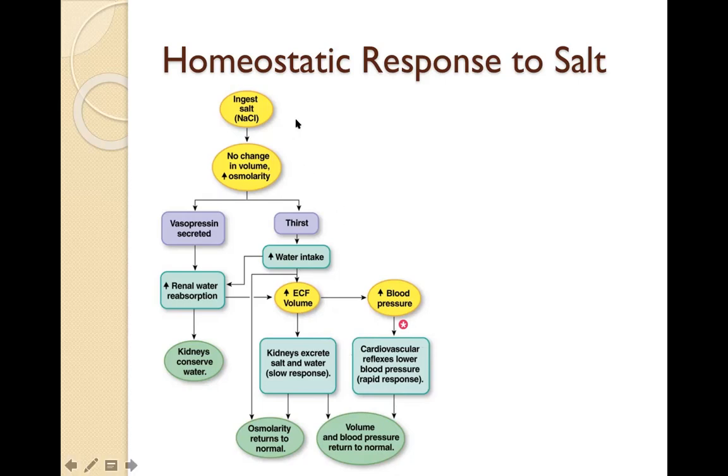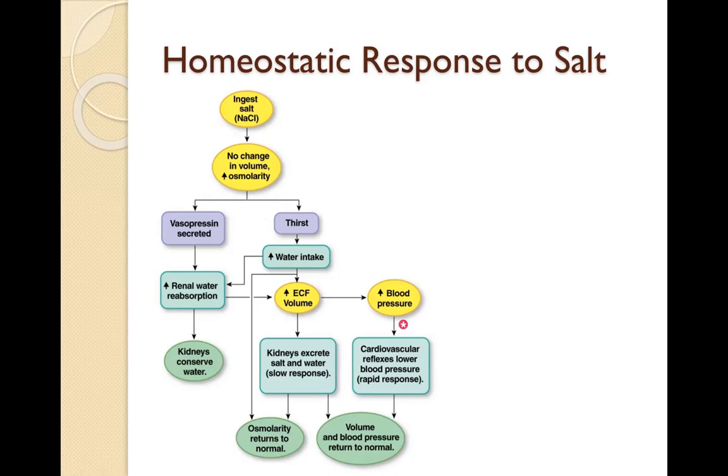But overall, in this homeostatic response to salt, the two major players are that you increase thirst and you increase vasopressin release. One will increase fluid conservation, and the thirst response will increase your water intake, which means that the water you are taking into your GI tract and absorbing will be conserved.